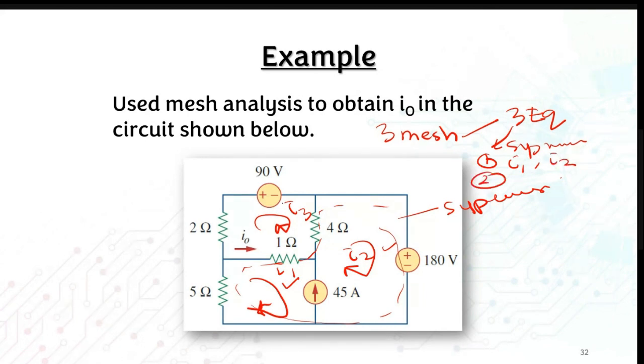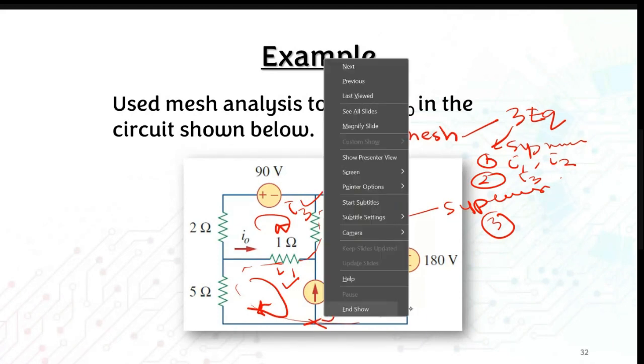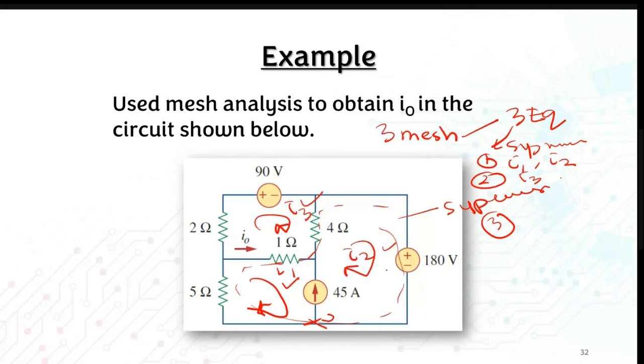The second one comes from I3, and the third one comes from node 0, the combination between I1 and I2. So those are your equations for this circuit.